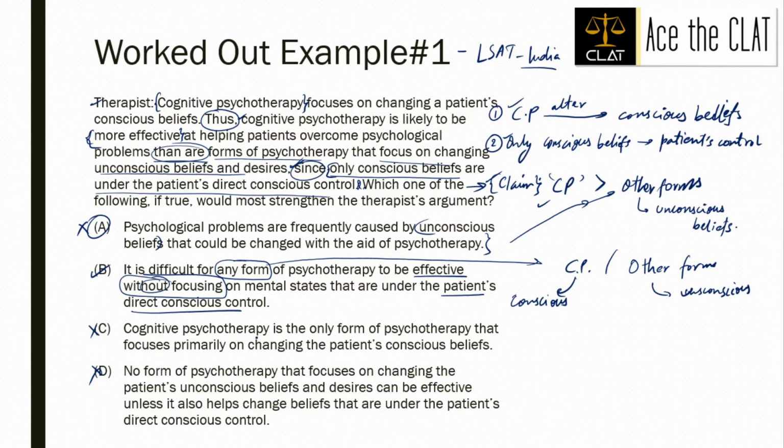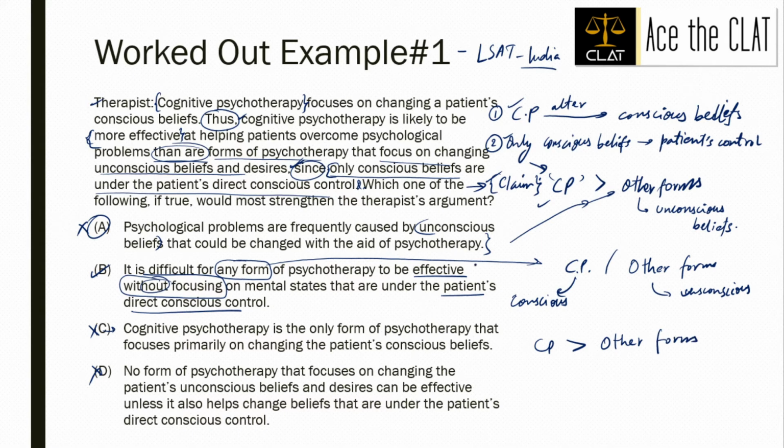Does this strengthen it? It does not definitely weaken the argument, but does it strengthen the argument? In fact, guys, this is one of those types of answer choices which has no effect on the argument, because our claim is a relative one, right? That CP is better than other forms.